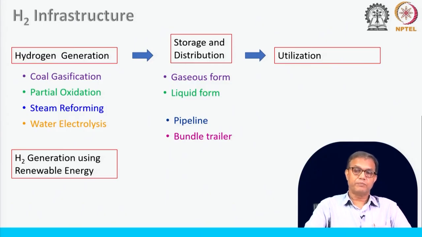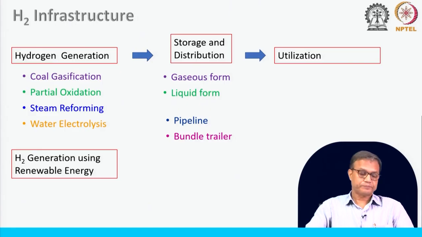That means we have high pressure cylinders, like we transfer oxygen from one end of the country or the cities to the other. Similarly, where hydrogen is getting generated, it can be compressed and put in a cylinder like that, and put on a trailer to bring it to the point of use.